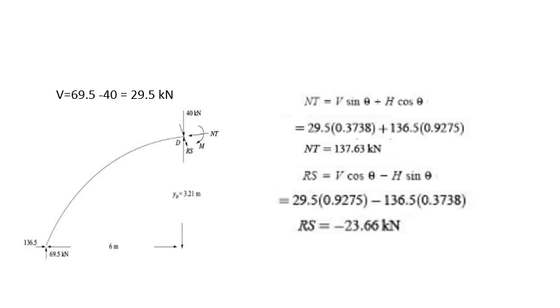Next is finding the bending moment at the given section. So bending moment is VA, 69.5, it is at a distance of 6, minus the moment of the horizontal force, that is 136.5 into Y, that is 3.21. Now we have to take the height at the given section, not the rise.